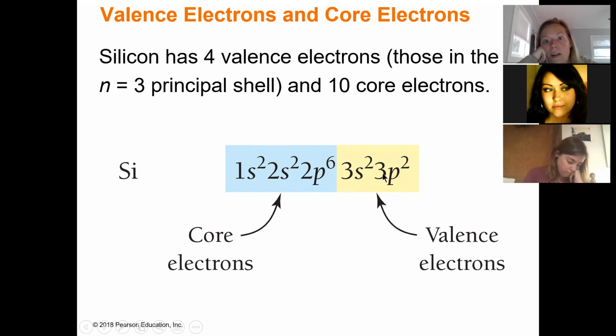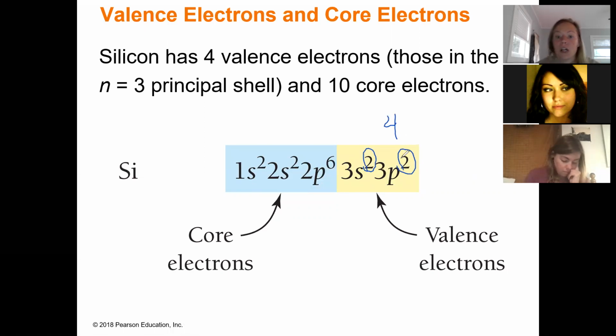The 3 and the 3 are going to be valence electrons. So we add up the number of electrons in our outermost shell. In this case, I have 2 here and 2 here for a total of 4 valence electrons. So silicon has 4 valence electrons.